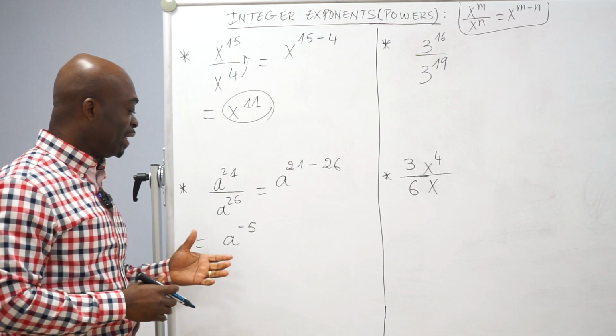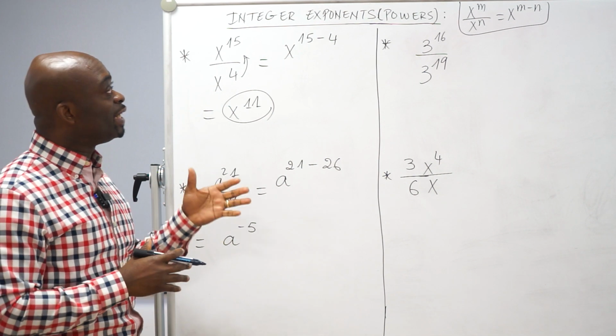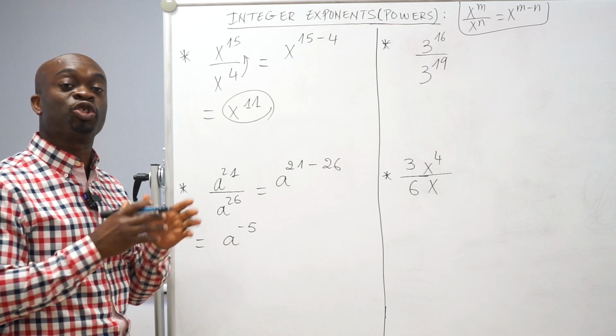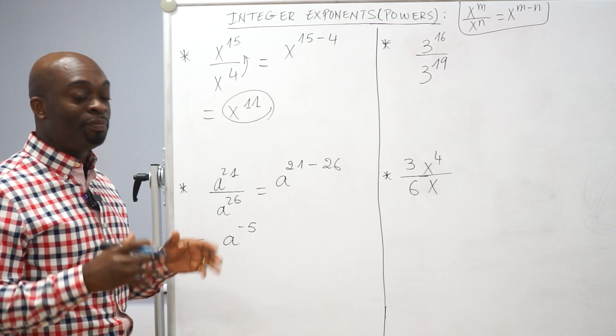We cannot leave this as the final answer. Remember that whenever we're dealing with exponents, our final answer should not have a negative power. We make it a positive power.